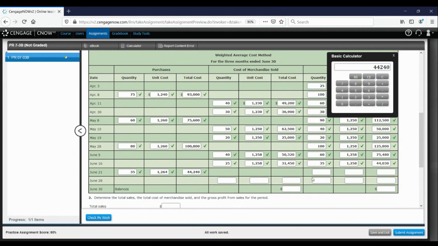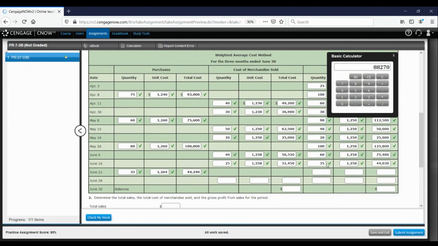All right. Now, what we have to do now is we have to make some calculations for determining the new average cost per unit. And to make those calculations, we got to take the cost of our ending inventory, which was $44,030. We're going to add to that what we just purchased, $44,240. That will give you the total cost.